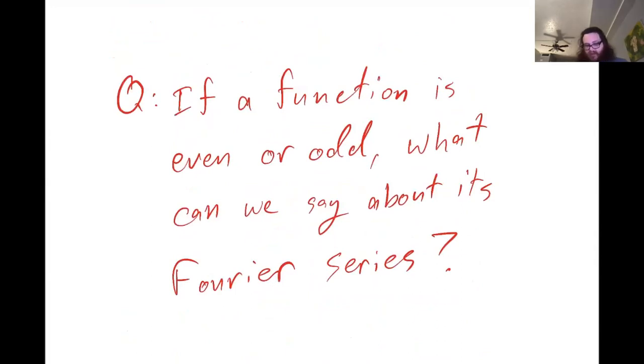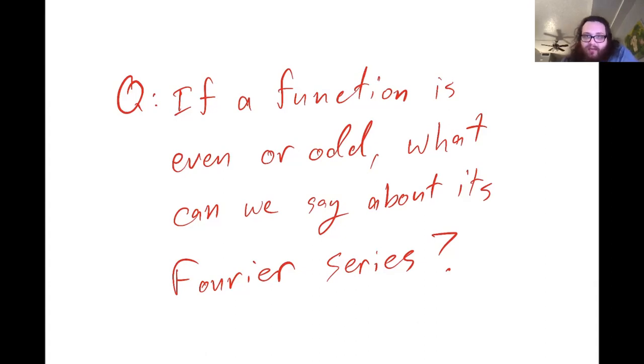So here's a question. If we know that a function is even or odd, what can we say about its Fourier series? Something I mentioned before was that a Fourier series we can write as a sum of an even and odd piece. So we might expect that if the function is even, its odd part we're not going to see.